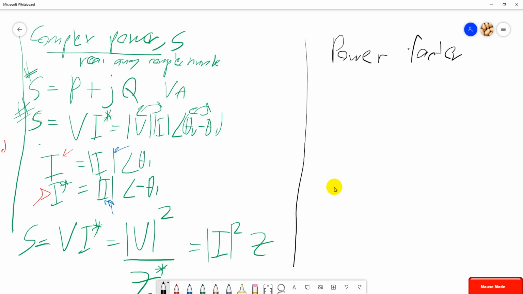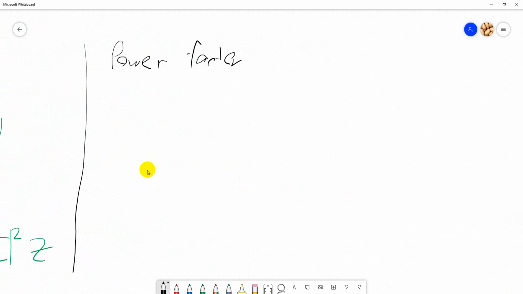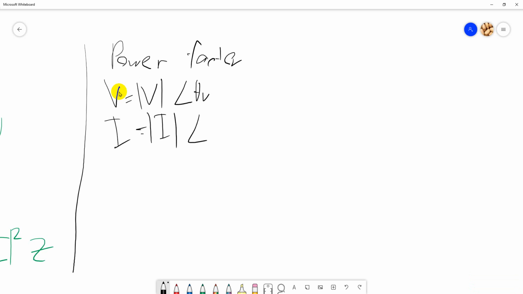So what is power factor? Remember that V equals |V| at angle theta V, and I equals |I| at angle theta I, and theta equals theta V minus theta I. You just take these two together and put them here.